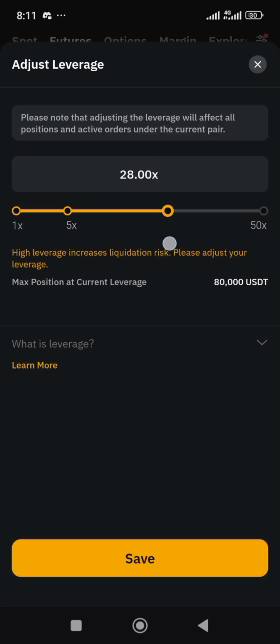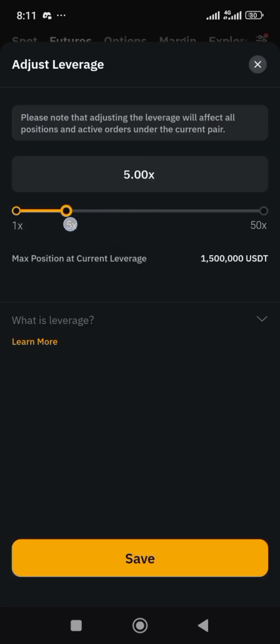You can actually go higher on the x's, but let me just send a note of warning to you. If I am on 1x, I can actually leave this trade to run for 1 year, and it will keep moving like that. If I'm going to be losing money, I'll be losing money in bits, small, small, small.